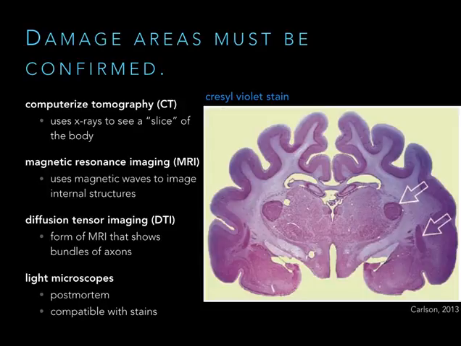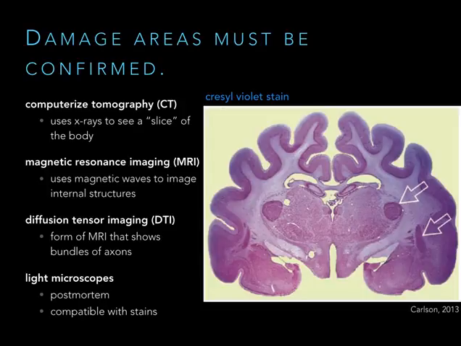So whether you damage a brain region or whether nature damages a brain region with stroke or tumor, you have to confirm where the brain damage occurred so that you can equate your change in behavior, whether it's memory loss or paralysis or whatever it may be, to that specific brain region.